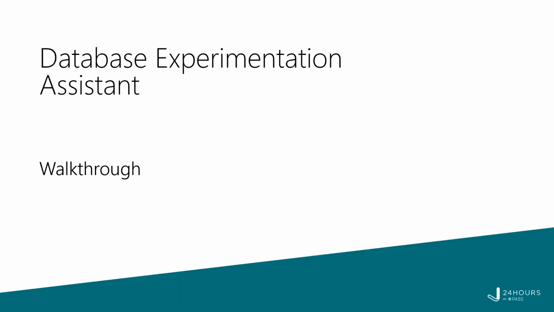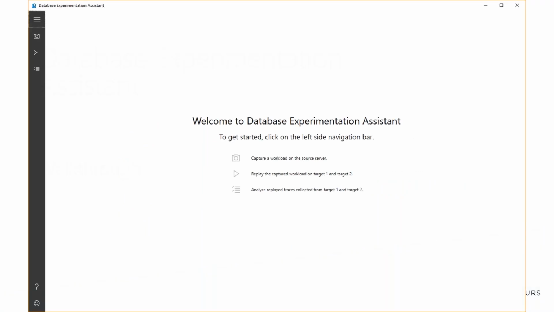Okay, so the next tool that we already talked about in the last few minutes is the Database Experimentation Assistant. Now, again, I'm not going to run through the entire tool, but just to give you a quick walkthrough of how it works. It works by capturing a workload and then being able to replay that workload against 2 targets. Now, we're talking about upgrades here from an older version to a newer version.